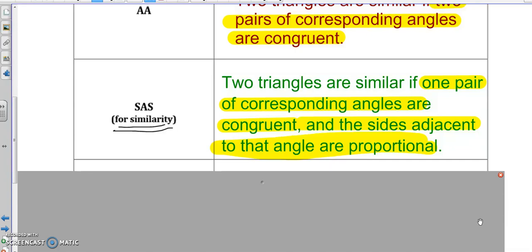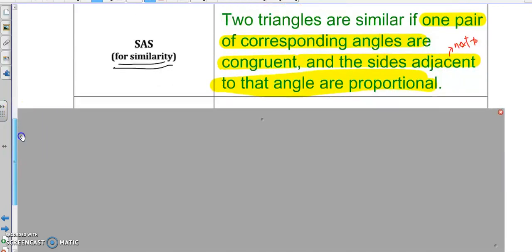So we'll look at what that means in a second. So if we only have one pair of angles, we can still prove similarity, but the sides next to that angle have to be proportional. There has to be a scale factor. So adjacent, we know, means next to. All right, pause if you need to. I'm going to move on.